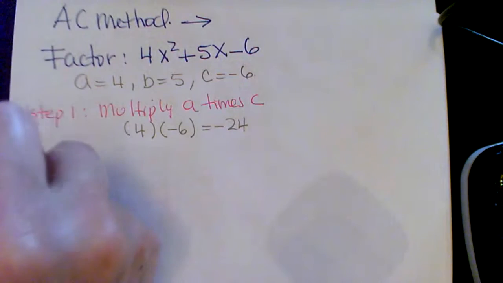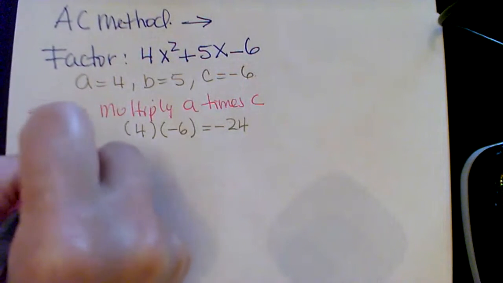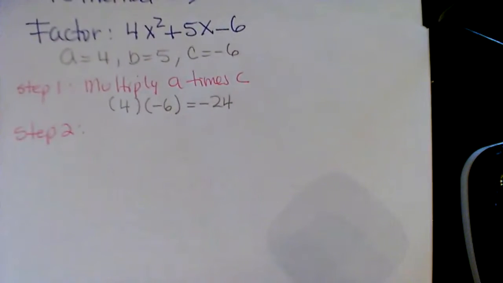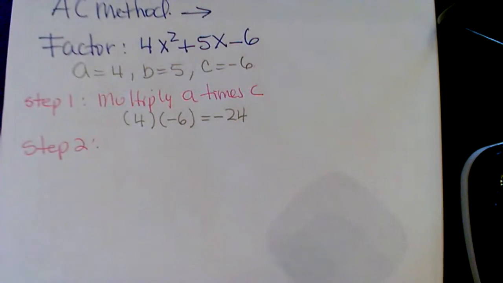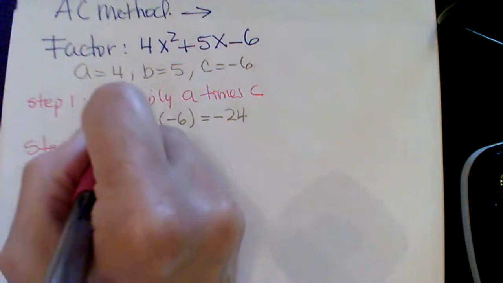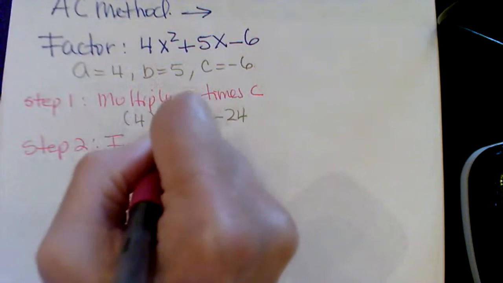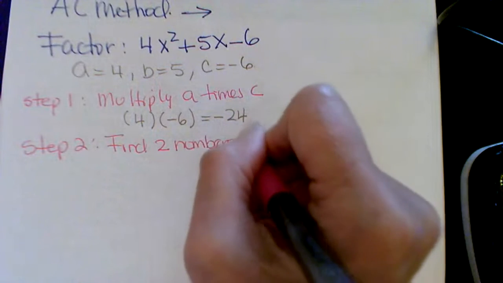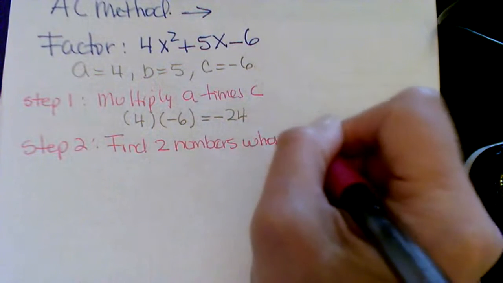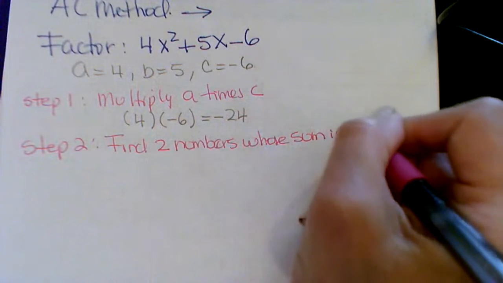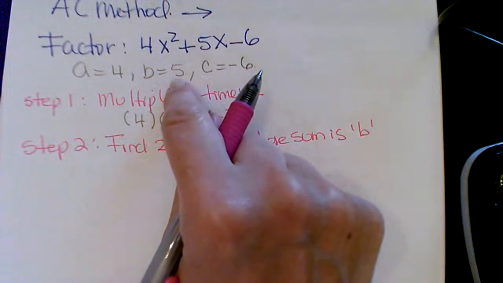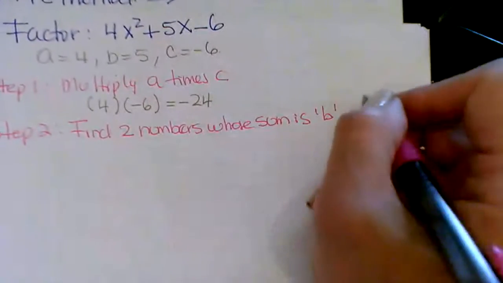All right. The second one is step 2. We find two numbers whose sum is B. It's a lot like the sum and product method we just learned, okay?